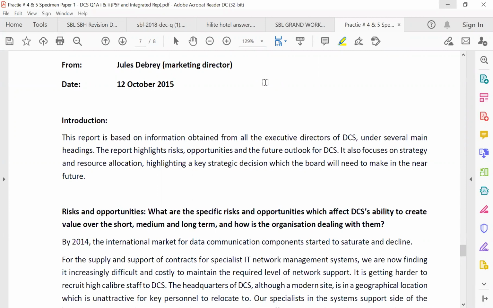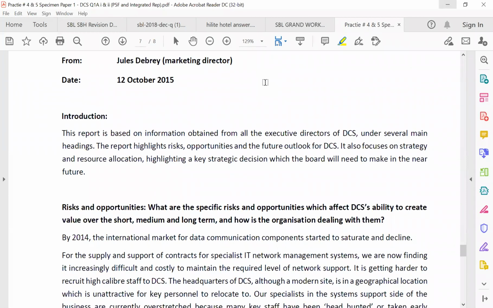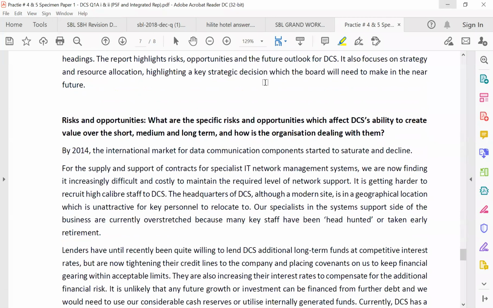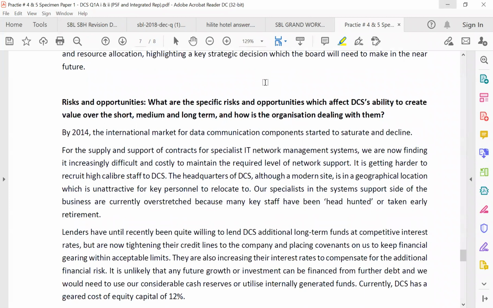It also focuses on the strategies and resource allocation, highlighting key strategic decisions which the board will need to make in the near future. Risks and opportunities. What are the specific risks and opportunities which affect DCS's ability to create value over the short, medium, and long term? And how is the organization dealing with it?